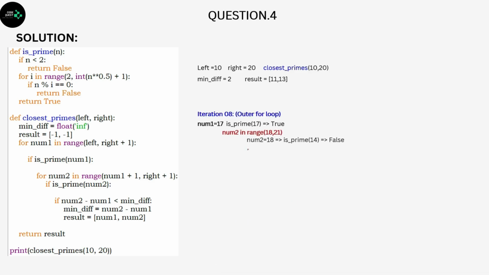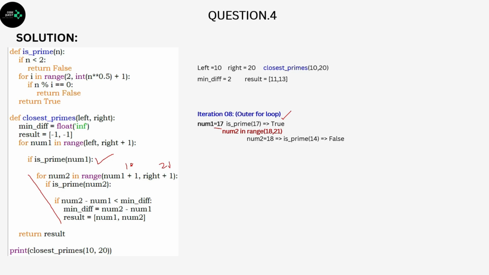Next, when we go to iteration 8, where num1 is holding 17, 17 is a prime number, right? So is prime will return true. Because it is returning true, this entire block starts executing. Now num1 is 17, 17 plus 1 is 18, and this is 21.